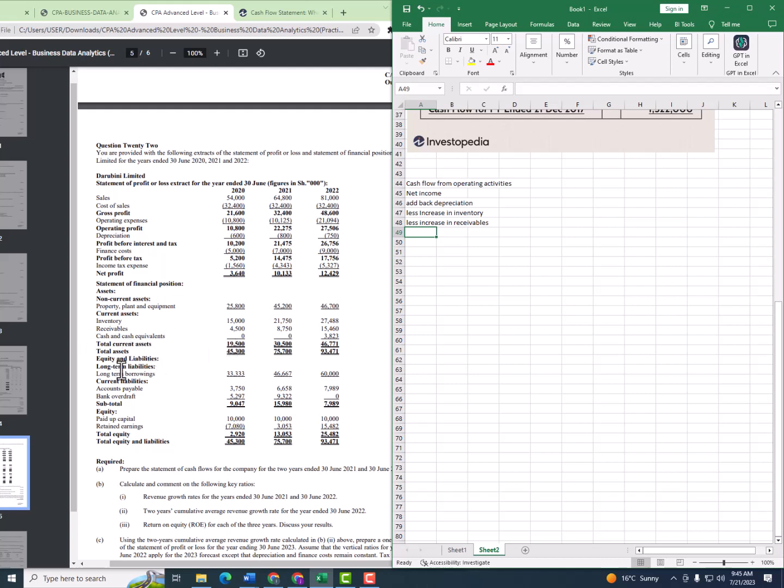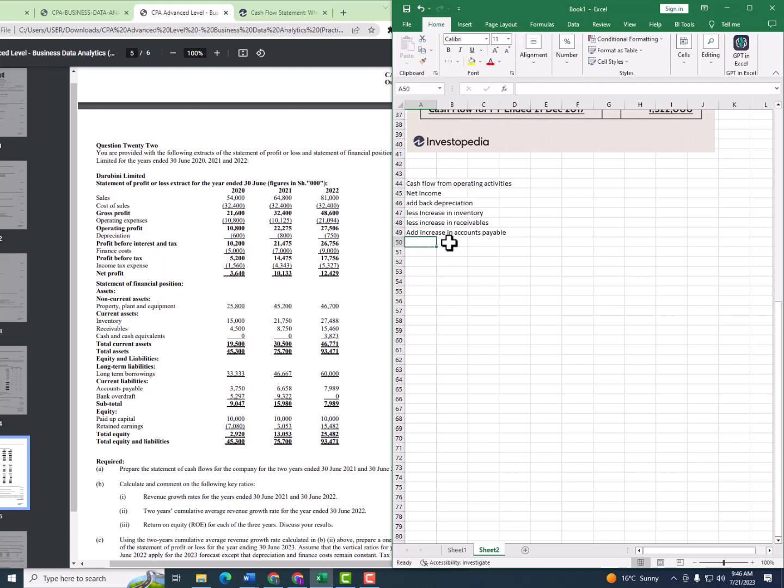So moving down, we have accounts payable was also increasing. And if it's increasing, that signifies a cash inflow. So we say add increase in accounts payable.